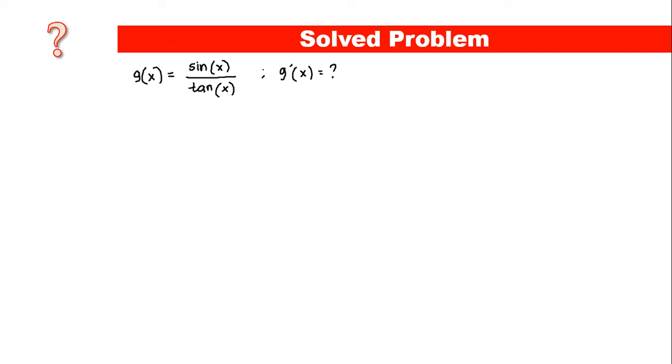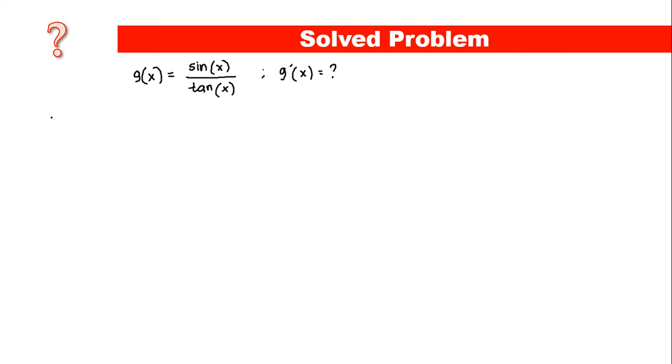So, we can solve this problem in two ways. No? First is to use the quotient rule for this numerator and denominator, and the next one is to use yung mga trigonometric identities. Subukan natin parehas. Okay?